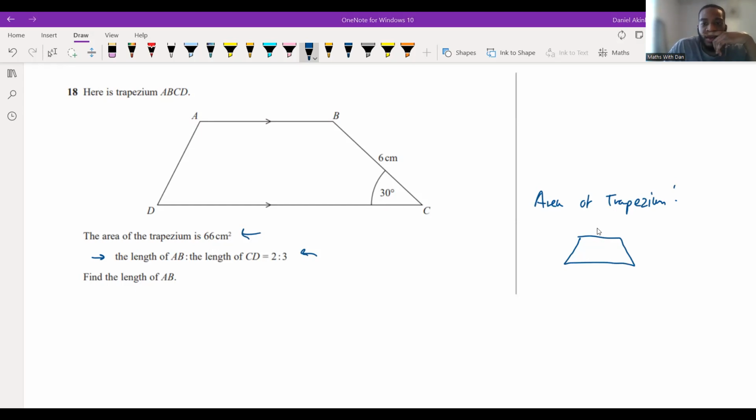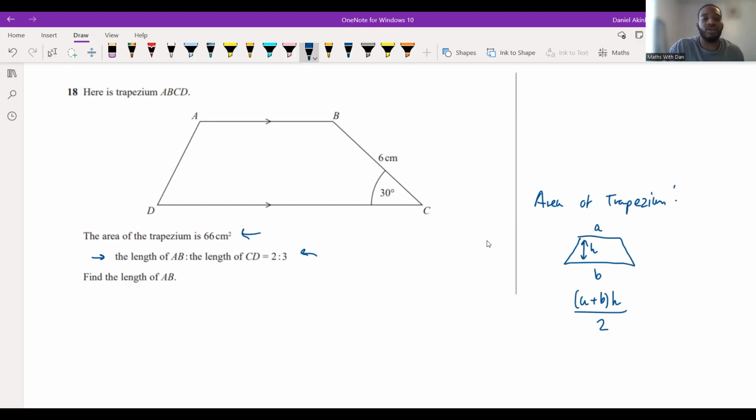Okay. Remember, we have A here, we have B here, we have the perpendicular height. The formula for the area of a trapezium will just be A plus B times by H divided by 2. Do we not remember that? All good? Okay. So we know we're going to need to use that somehow.